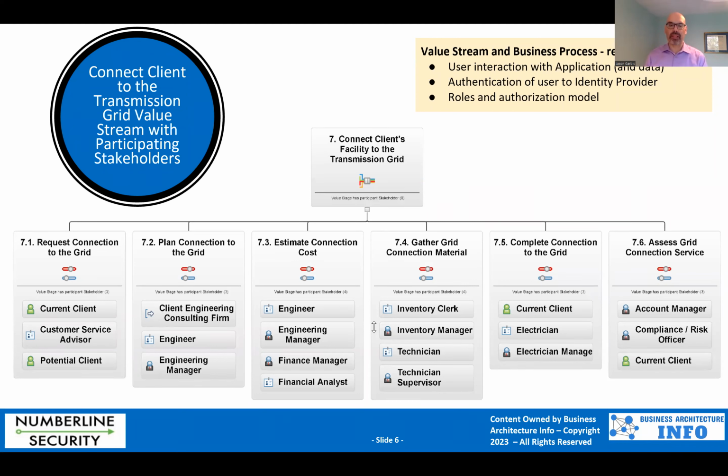The thing to think about is that throughout all these steps, there is involvement with an IT system, or in this case, some sort of OT system, or both. The user needs to interact with an application or data. And the whole structure around this is, how is that user authenticated? What is that user authorized to do and not to do?